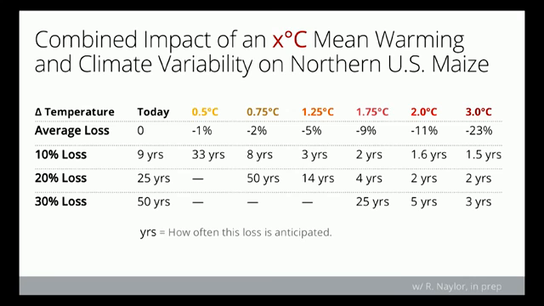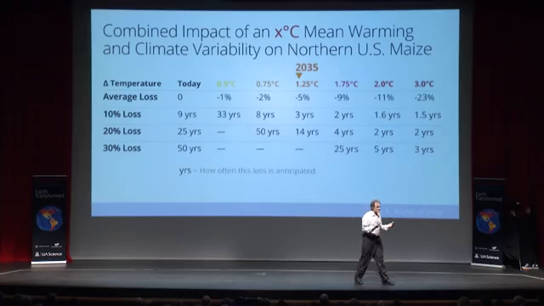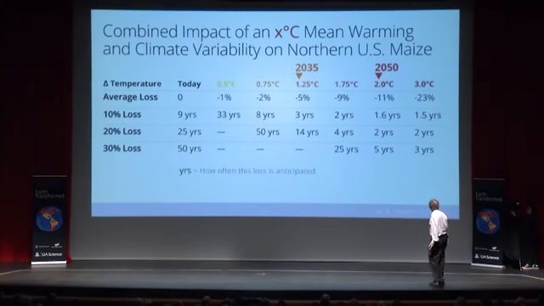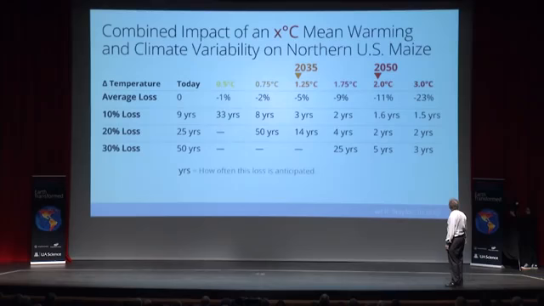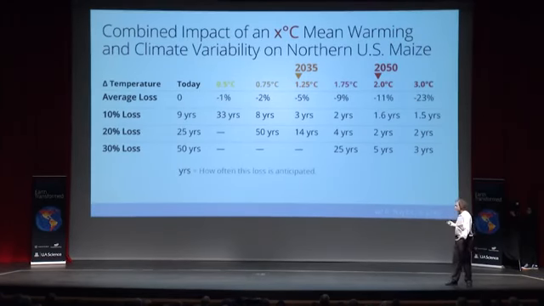So if you look here, it's 1.5 degrees, which is what we expect in 2035. That's 20 years from now. You expect to lose 10% every 3 years and 20% every 14 years. If you go out to 2050, you expect to lose 20% every 2 years and a 30% loss in your crop every 5 years.